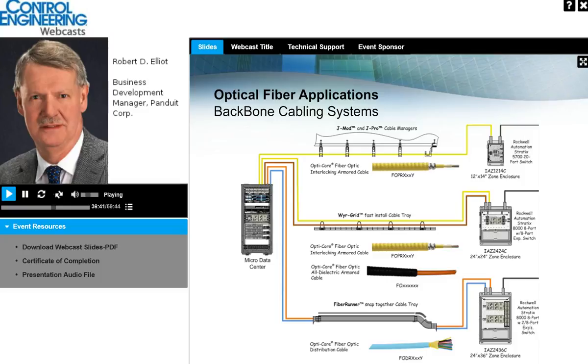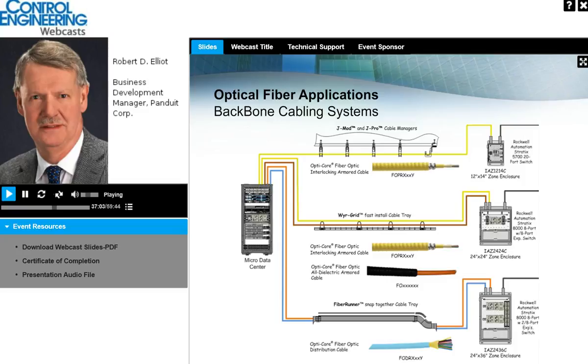Looking at these in just a little bit more detail here, one of the differences, of course, between the metallic armored cabling and the dielectric armored cabling that we're showing here is that the metal armoring would require consideration of grounding at both ends.